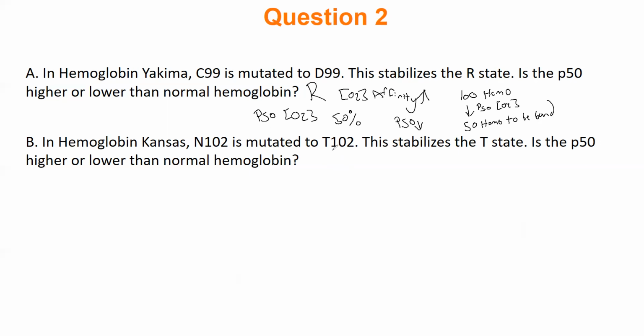While in Kansas, I'm in the T state. So my oxygen affinity is decreased. Therefore, my P50 is increased. If I don't want to bind oxygen, you need to put more oxygen into the system for it to be 50% bound. Right? So that's how R and T states, if you're forced to be in one like you are in these mutations, can affect the P50.